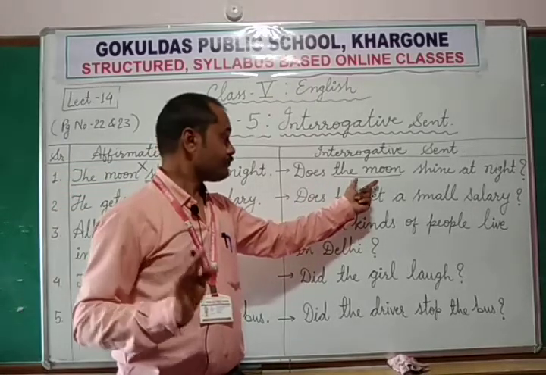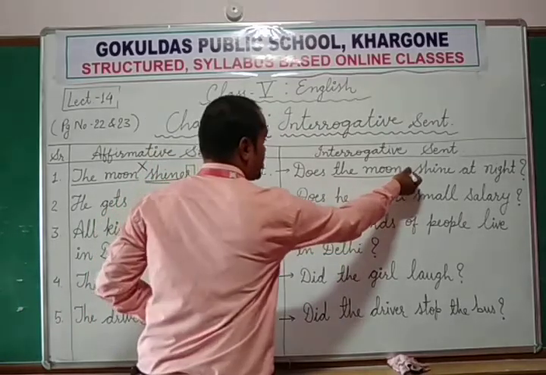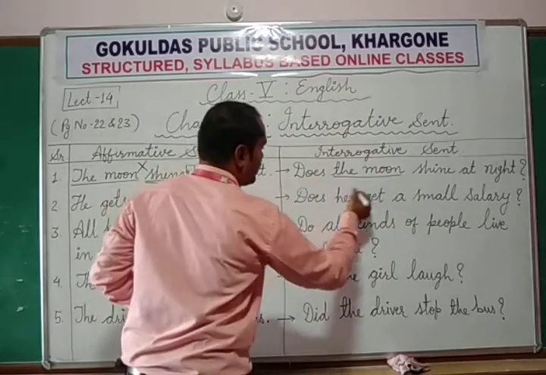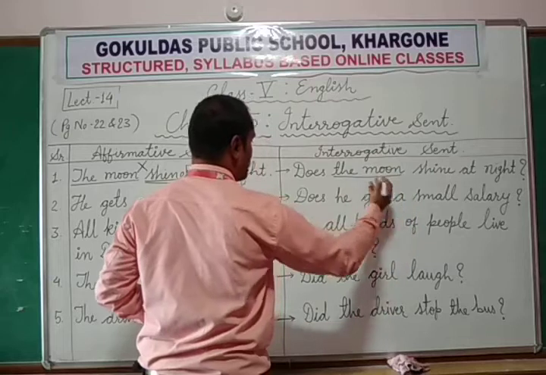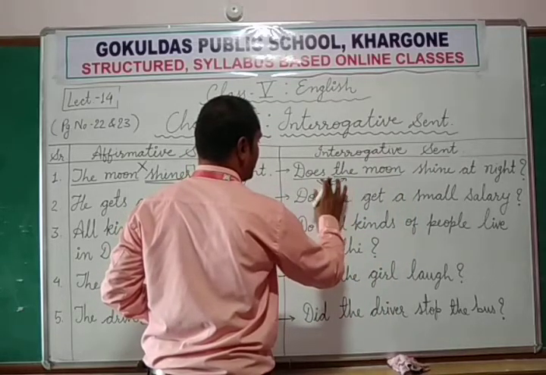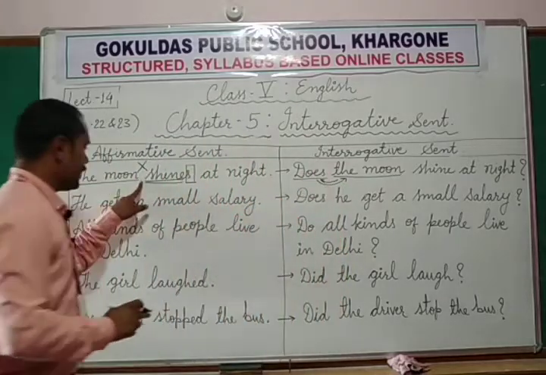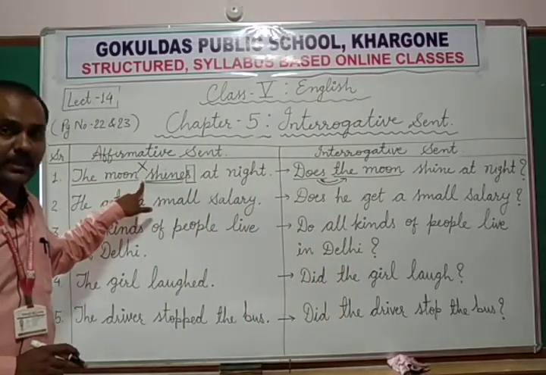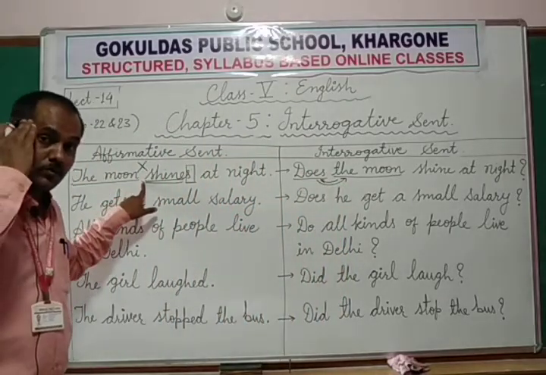Now does comes here and the moon goes to the second position. That is the exchange of places. Does is not already given here, but we have to use our brain.